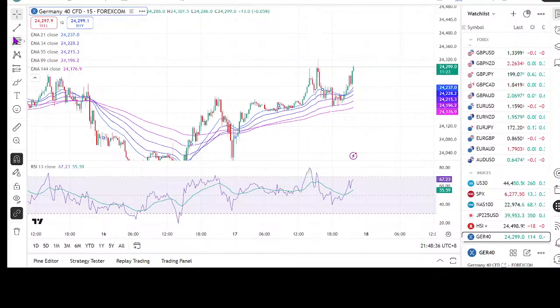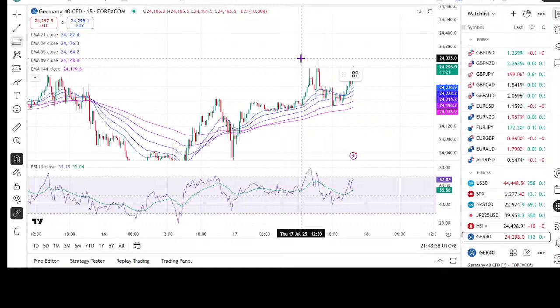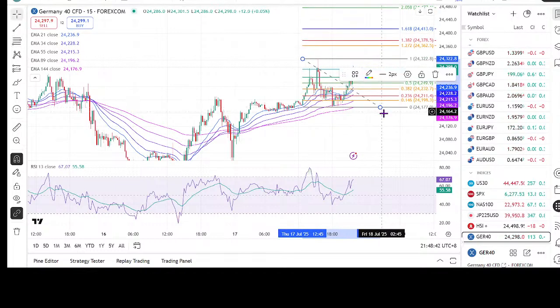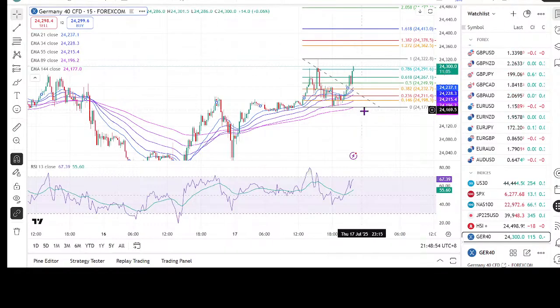Sorry, 24322. So let's say we are going to see the high breaking that. Then we should be looking to sell somewhere at 370. So that should be our selling level.